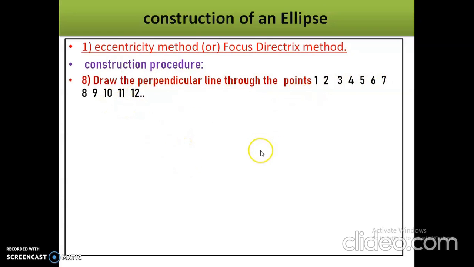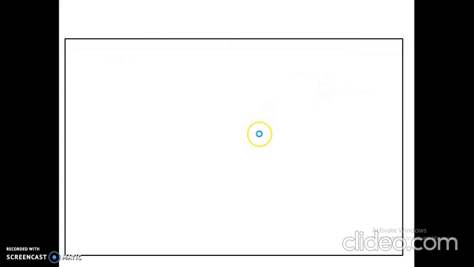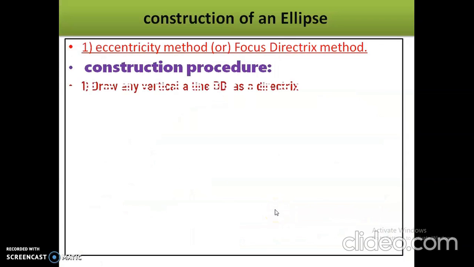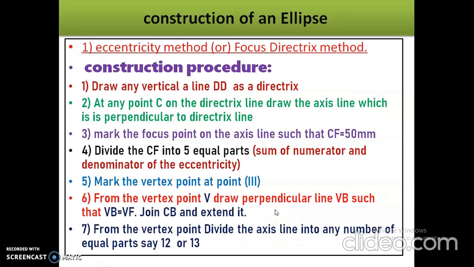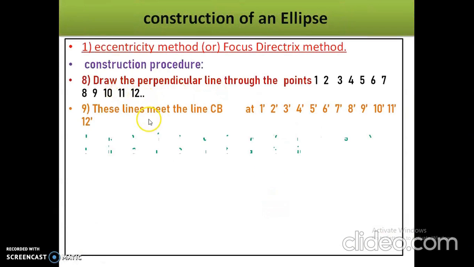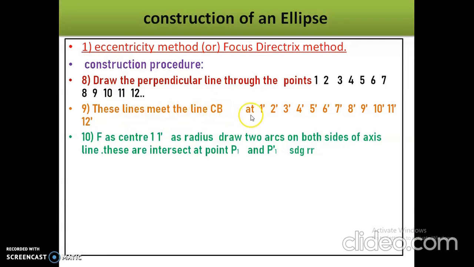If you observe this figure, we draw vertical lines from these points: this is a vertical line, this is another vertical line, this is the vertical line through point 5, and this through point 6. So ninth point: these lines meet the CB line at 1 dash, 2 dash, and so on up to 12 dash.